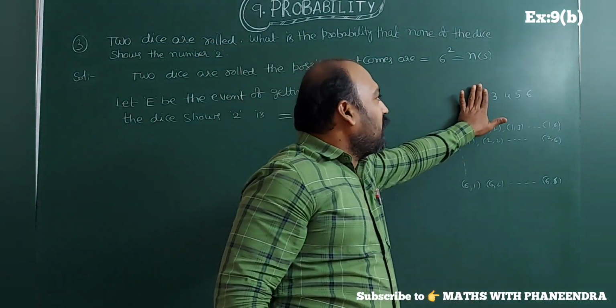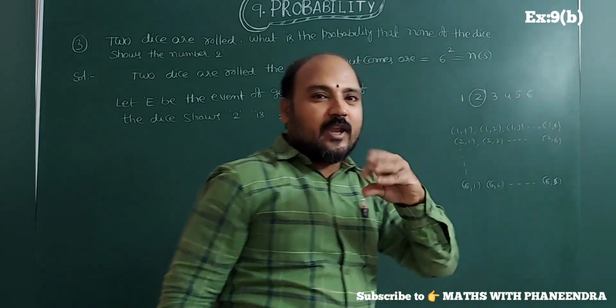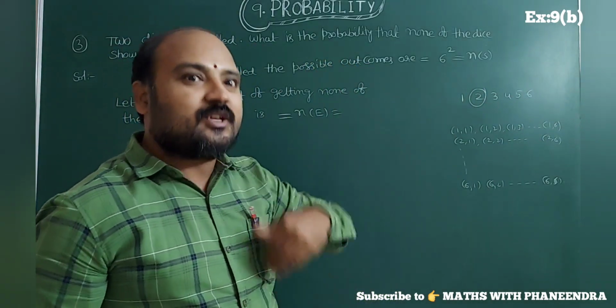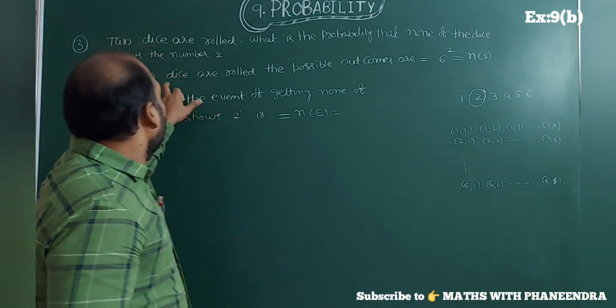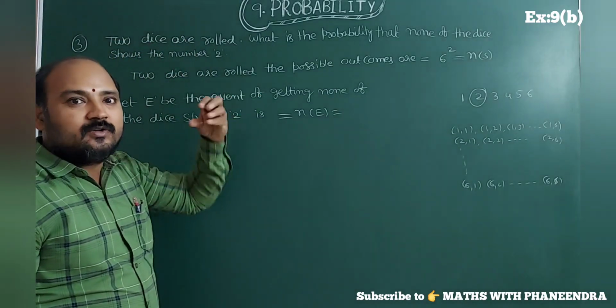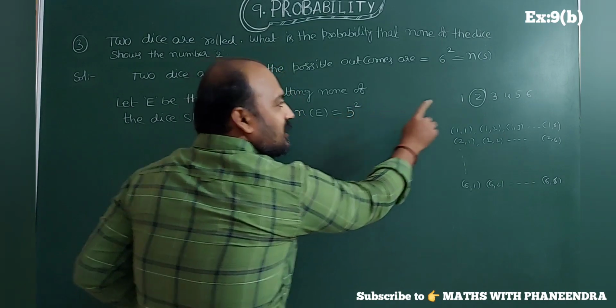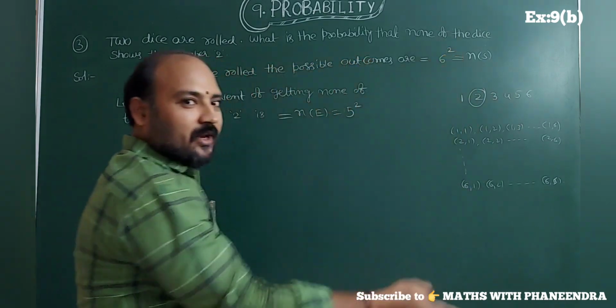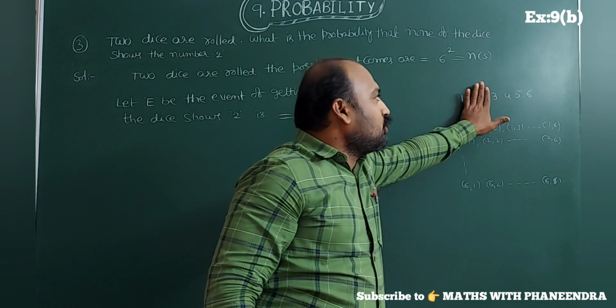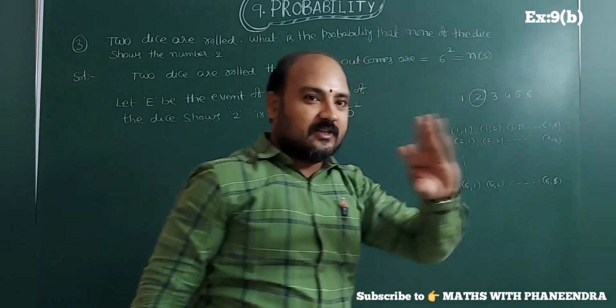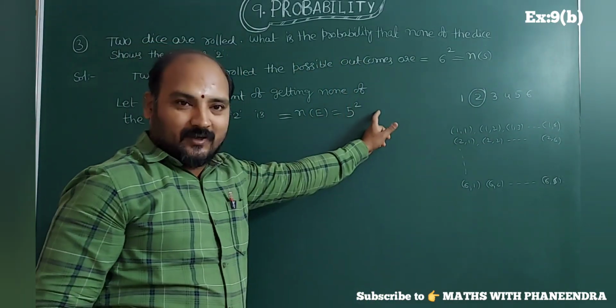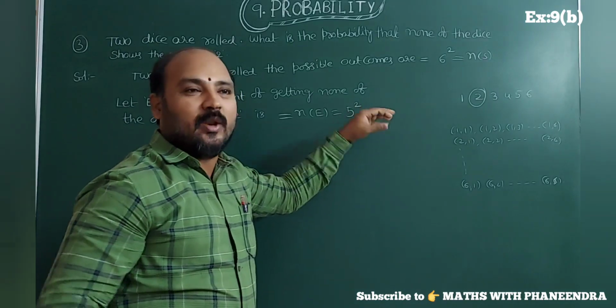So if we do not take 2, what are the rest of the numbers? 5 numbers are there. How many times are they rolling the die? 2 times. So 5 square. Here 6 numbers, twice means 6 square. None of the dice shows 2, so remaining possibilities are 5. So 5 square, which means 25.